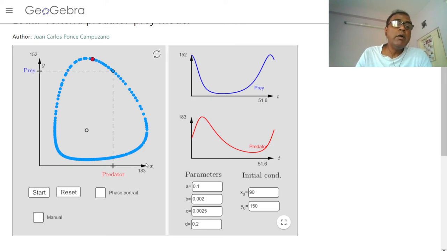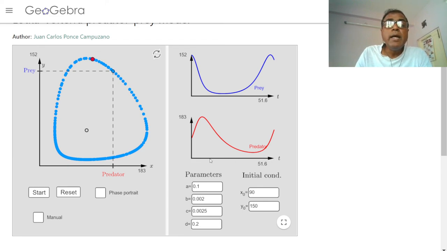Although in our notes x denotes the prey and y denotes the predator, in this clockwise direction, which in our notes is anticlockwise, this first graph denotes the prey density changes with time tau, and the second graph denotes the predator density with time tau.